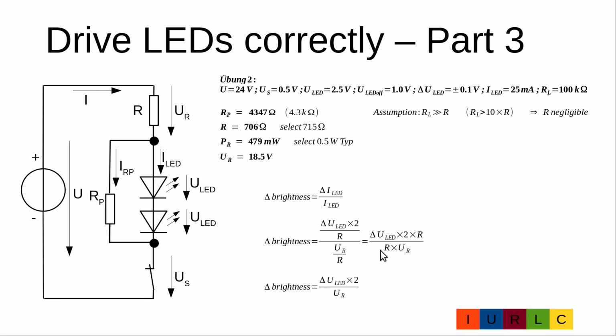We can remove R and get the brightness tolerance is delta ULED times 2 divided by UR. With concrete numbers, plus minus 0.1 volt times 2 divided by 18.5 volt is plus minus 0.0108, a brightness tolerance of plus minus 1.08% caused by the ULED forward voltage tolerance.